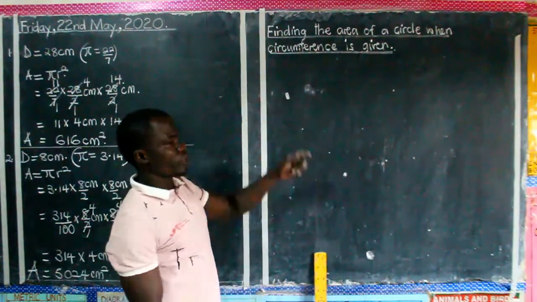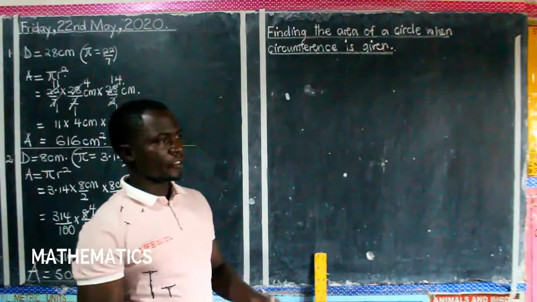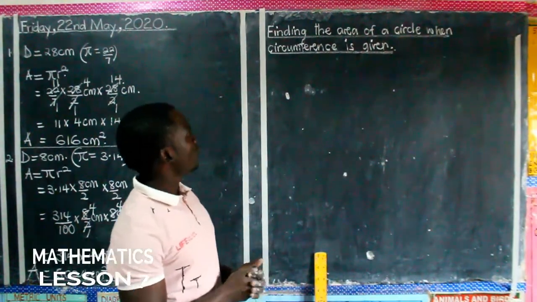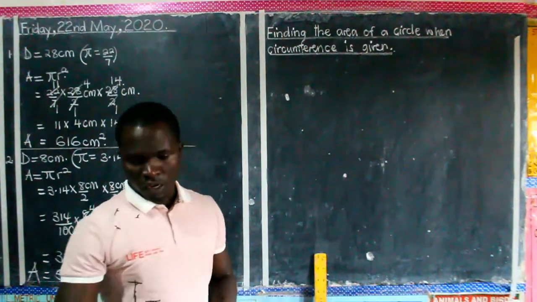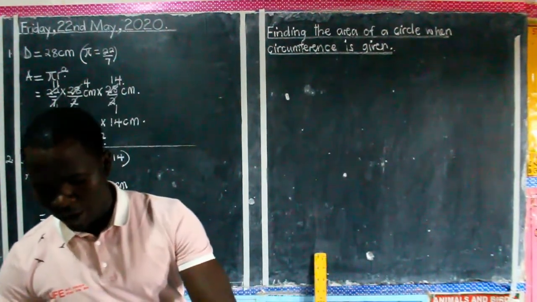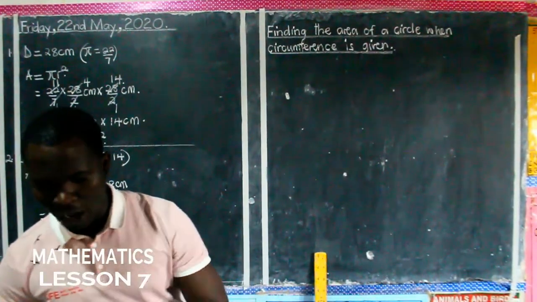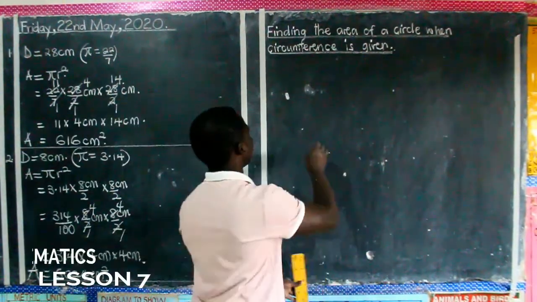This is what we are going to look at today. Finding the area of a circle when circumference is given. Number 1, find the area of a circle whose circumference is 44 centimeters. Question 1.